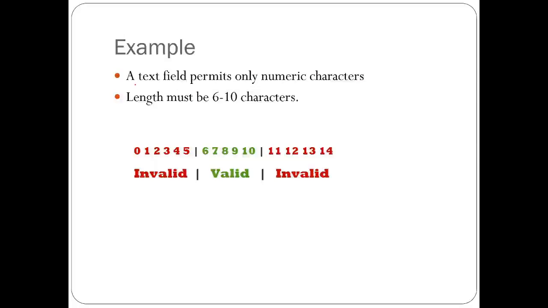Take another example. We are given a text field which accepts only numeric values, and it accepts only 6 to 10 characters. So what can be the partitions for this? First recognize the valid partition, which is between 6 and 10. Then recognize the invalid partitions, which are less than 6 and greater than 10.